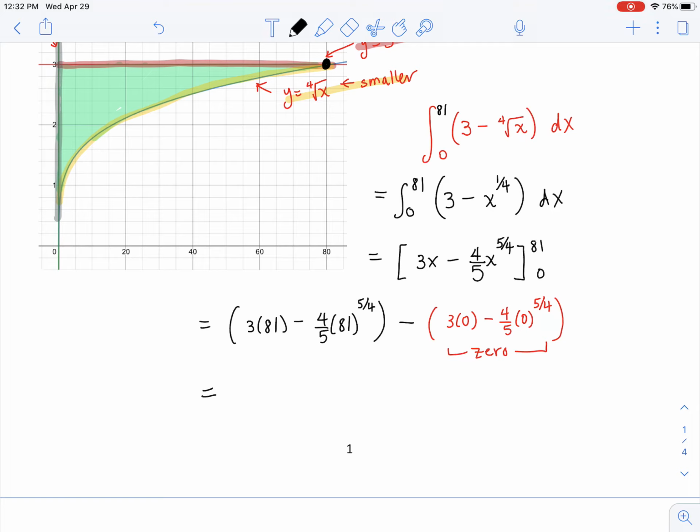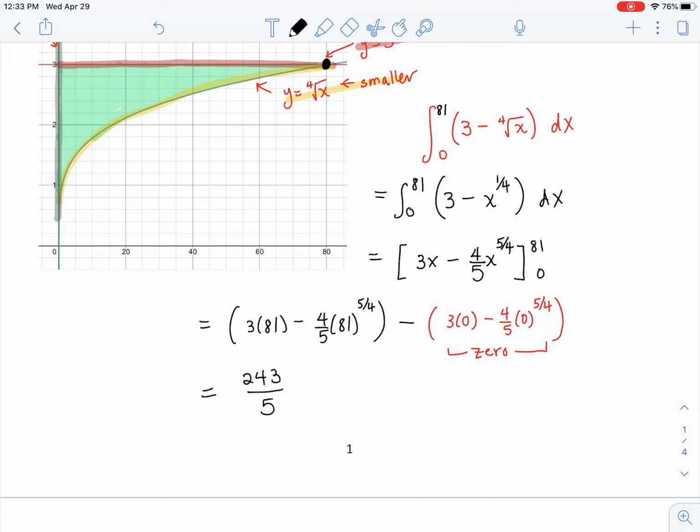And it comes out to be, hold on, I typed something wrong. It's 48.6, but I'm going to go ahead and just write this as a fraction. This is going to be 243 divided by 5. So that's how you would find the area under the curve.